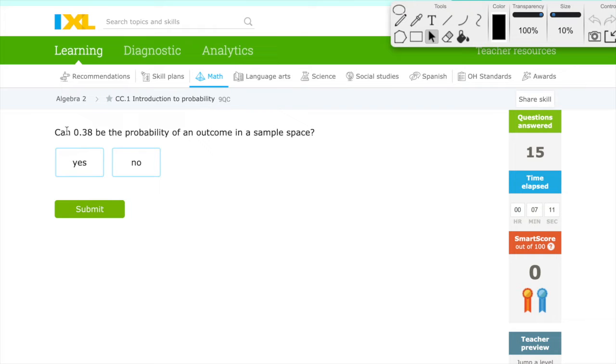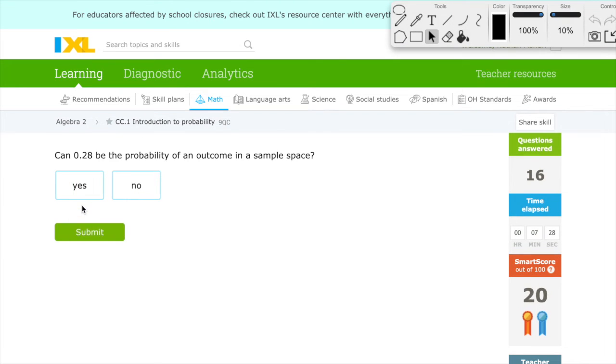As long as this number is between 0 and 1, which it is, it can be an outcome. If it was bigger than 1 or if it was negative, it would be no. Again, this is above 0, so it's greater than 0 because there is some value, but there's no whole number here. It's less than 1. So again, this would be yes.